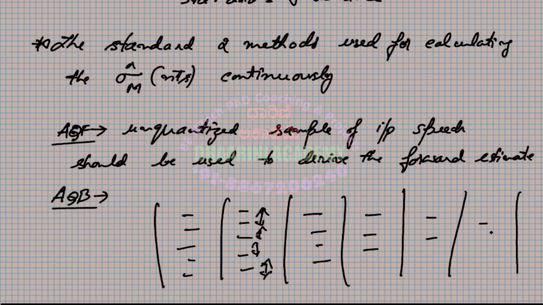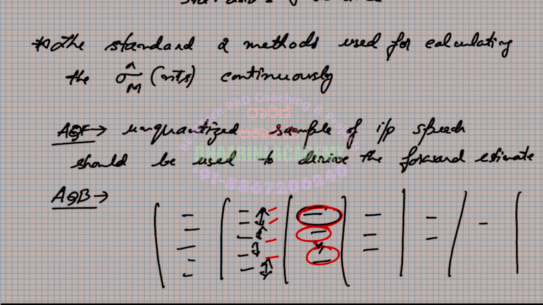Again, you are trying to find differences. You have two types of differences possible. It can be the second number minus the first number, the third number minus the second number, and so on. The fourth minus the third will be written here.